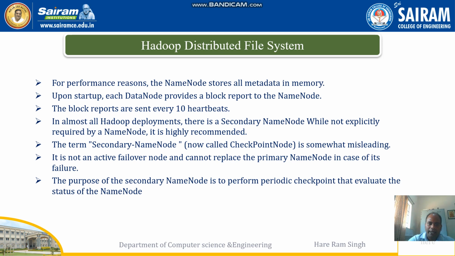It is not an active failover node and cannot replace the primary name node in case of its failure. The purpose of the secondary name node is to perform periodic checkpoints that evaluate the status of the name node. It is used only to find the current status of the primary name node, whether it is working or not, or if any problem is there in the primary name node.